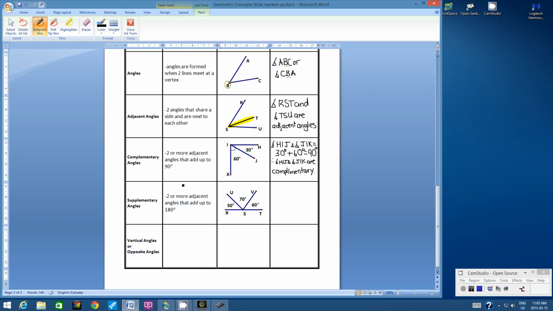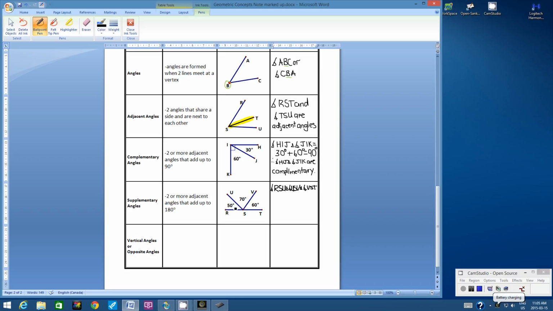Okay, so I'm going to have to write really small here to get this in. All right, so we're going to follow a similar method up here. So let's go angle RSU and angle USV, and angle VST.